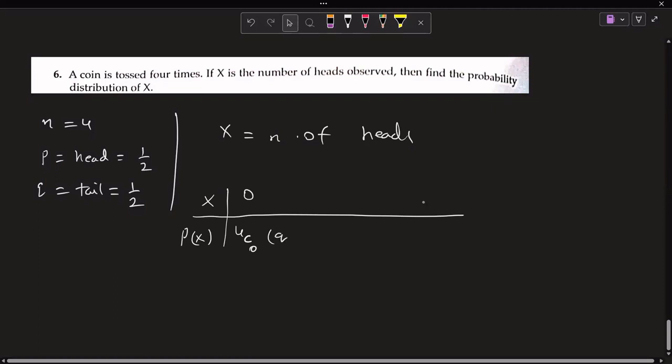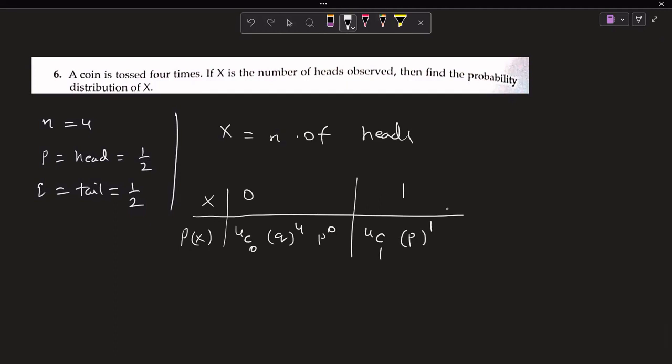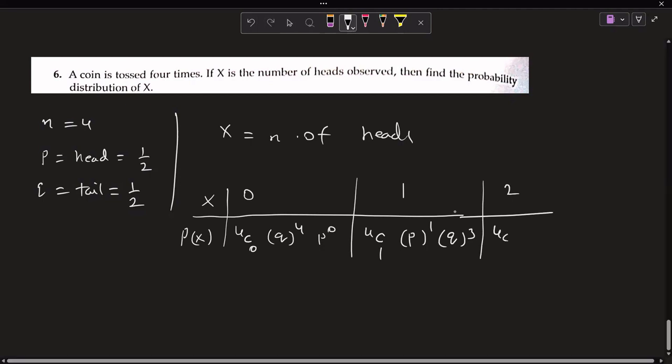So head probability P power 0 and tail Q power 4. That means we should not get the heads. That is the meaning of 0. So 1 means 4C1. 4C1, head probability P power 1, you have to get 1 time head and 3 times tails. Okay, 2 times heads, so 4C2 and head will be 2 and tail will be 2.